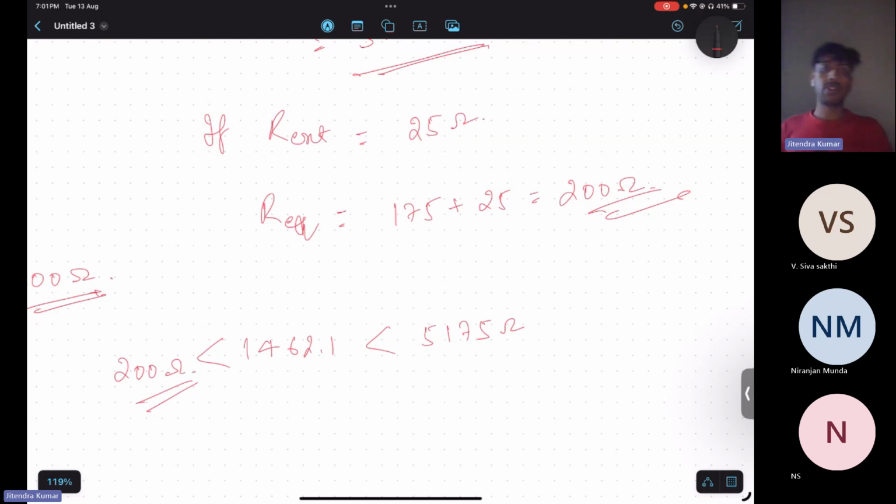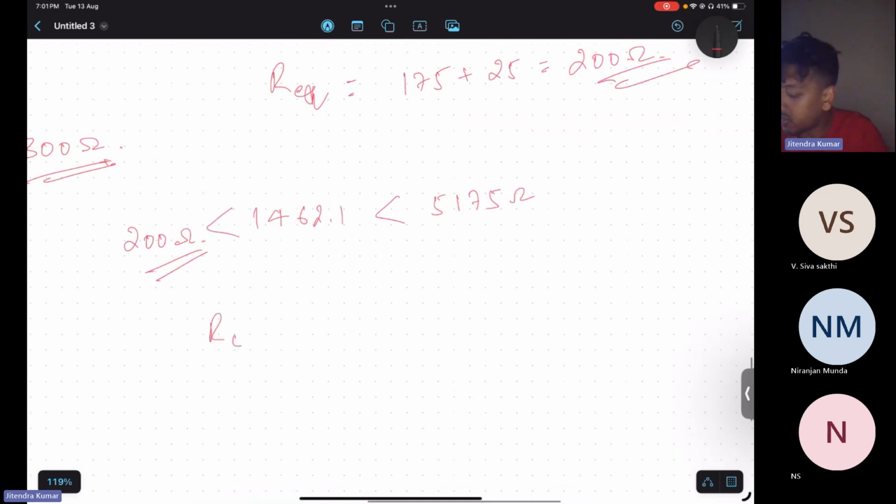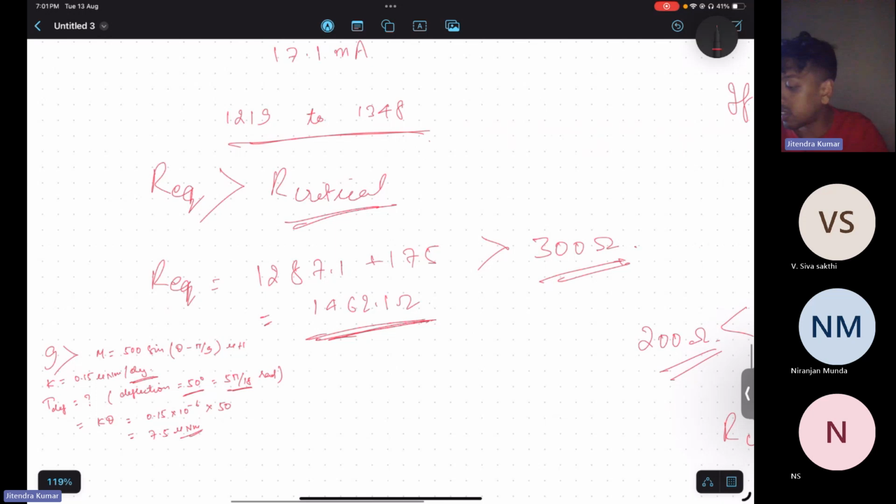Now you got why option C will not be correct, because critical resistance is anyway fixed at 300 ohm. So now listen carefully. Critical resistance is kept at 300 ohm, and this voltmeter resistance is not going to change from 1462.1.